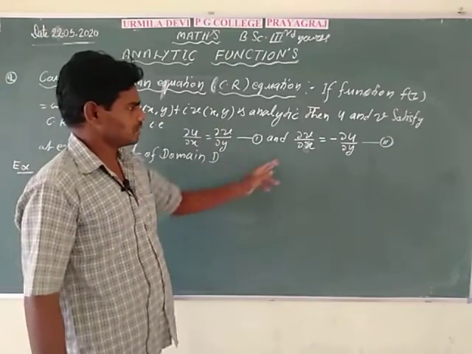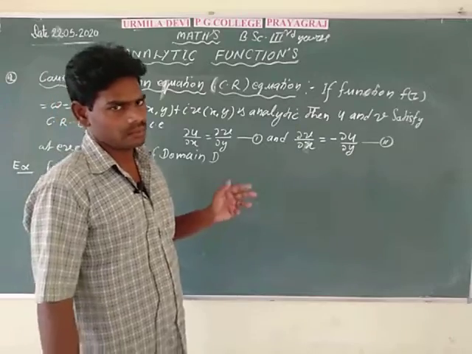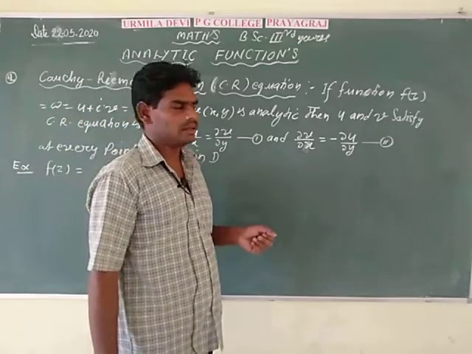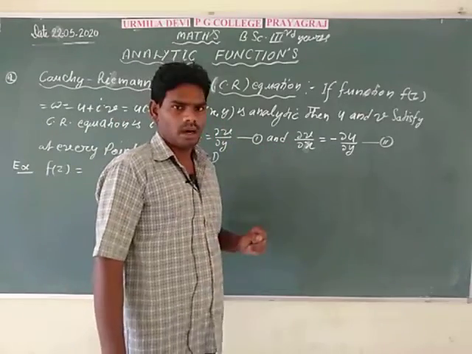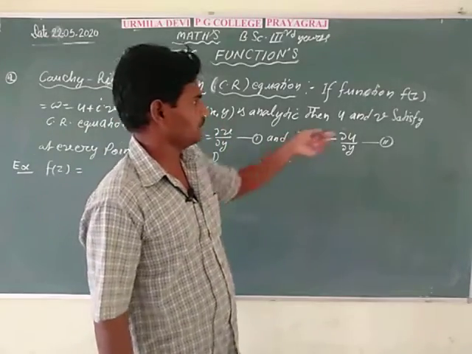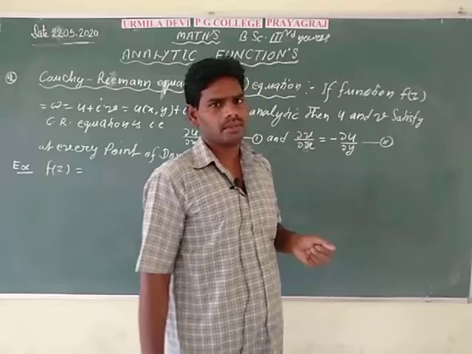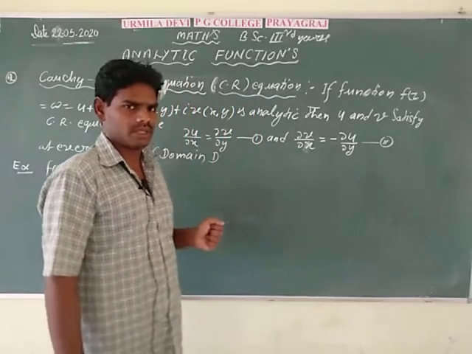These equations are satisfied at every point of the given domain. Therefore, if the first and second equations are satisfied for any function f(z), then f(z) is called an analytic function.